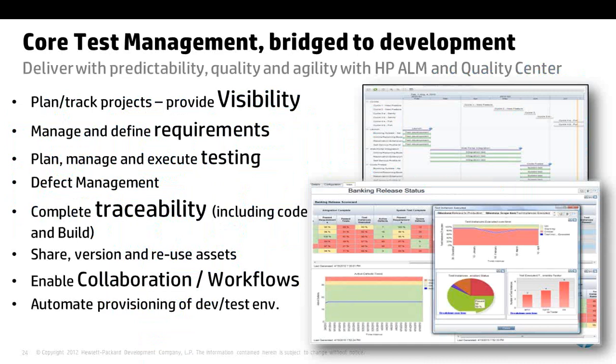So this is a key area of efficiency that ALM provides over Quality Center, but regardless, the core test management functionality is the most important function of Quality Center, which is today more and more increasingly used with respect to test automation integrated into test management.